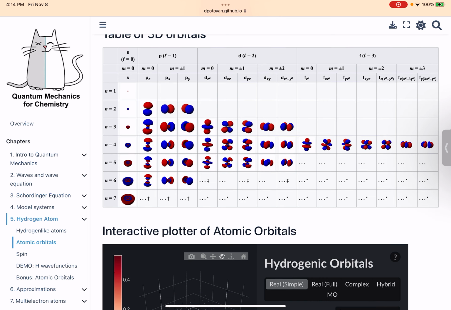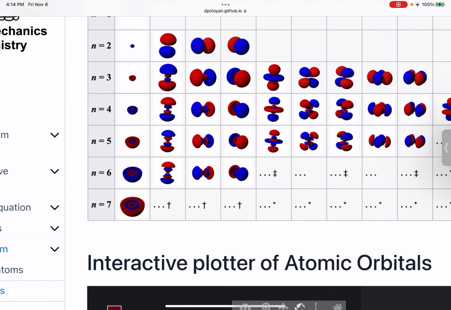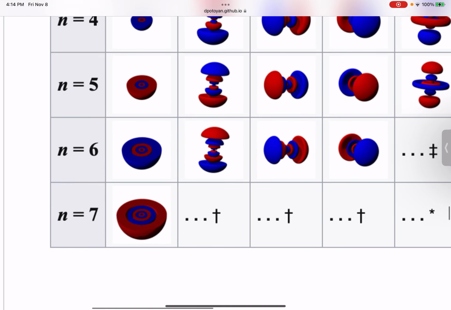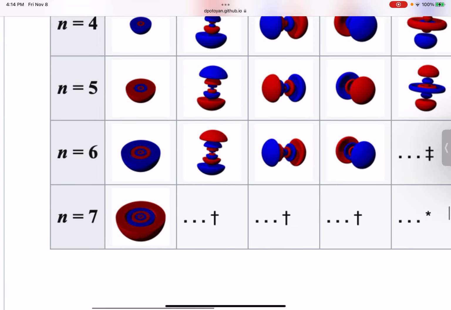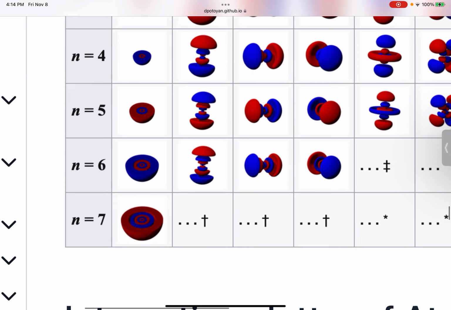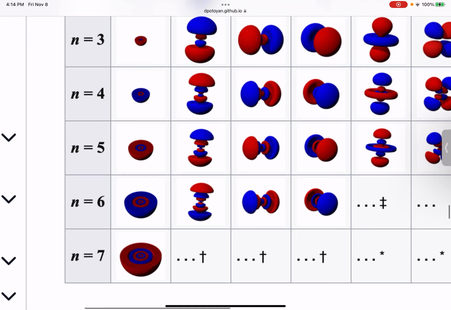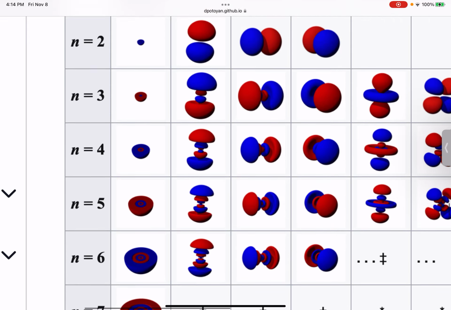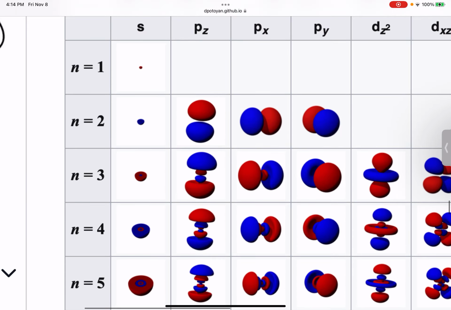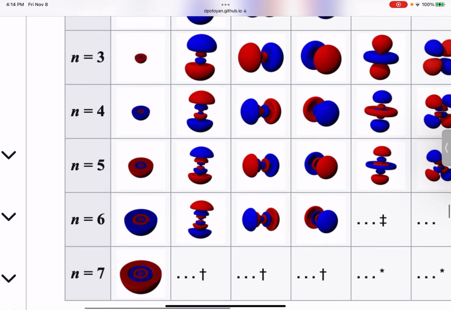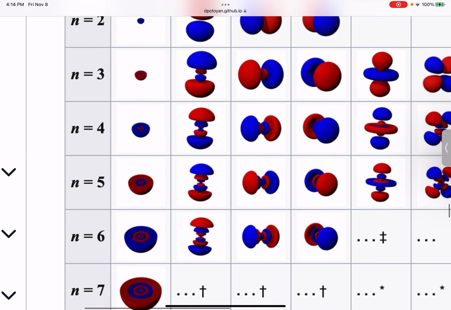Notice that in this plot we're also highlighting the nodal lines that emerge from going to higher and higher quantum numbers. Right, it becomes kind of difficult to visualize. You see that you add nodal lines when you increase the n for the s orbital. It turns into concentric spheres.